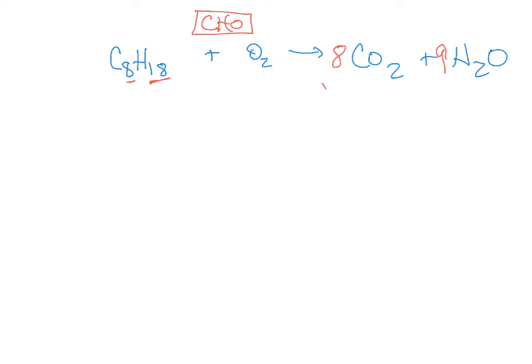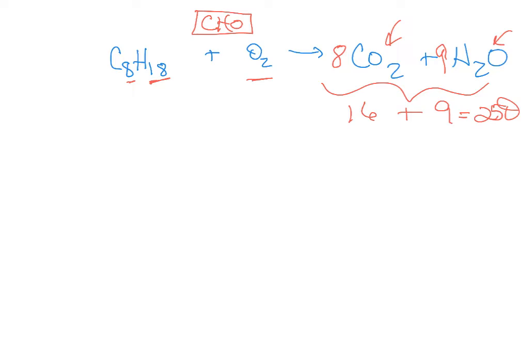Now the part that gets tricky is balancing oxygen. Make sure you count the oxygen in both sources in the product. So there's 16 from carbon dioxide, another 9 from water. So there are 25 oxygen atoms on the product side. How do you get 25 from O2?